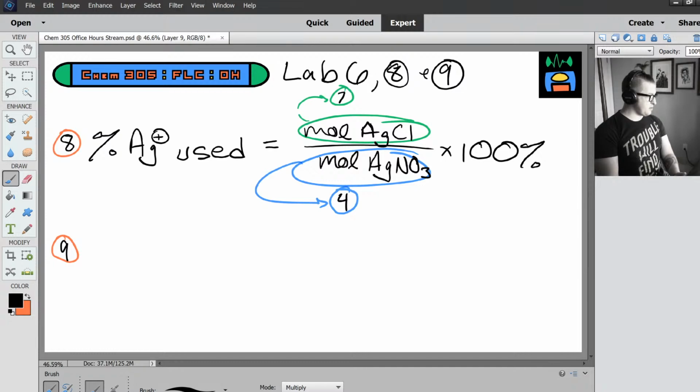So number 9, we're calculating the percent of chloride used.